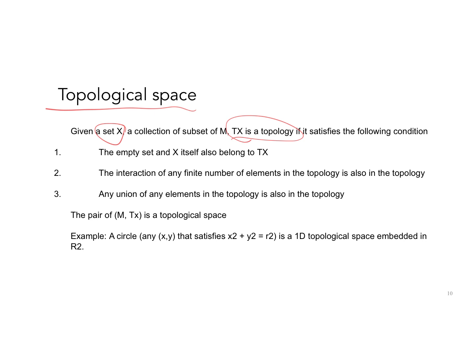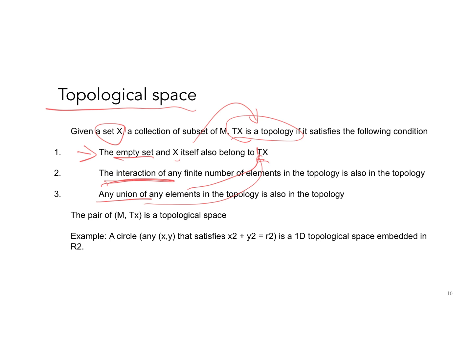And then it has these 3 criteria. The set itself and the empty set have to belong to that topology as well. And then any intersections of subsets of X have to also be in this topology, and any union of them also has to be in the topology.